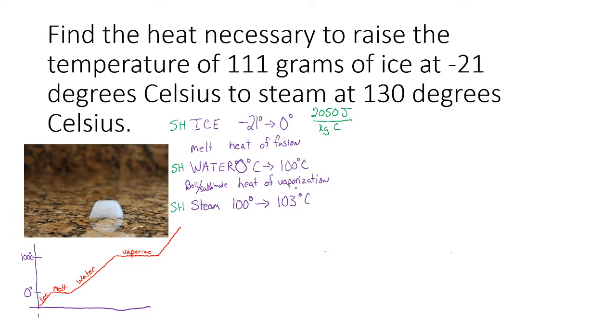The specific heat of water on that same chart, you'll find this number to be very, very familiar: 4,186 joules per kilogram Celsius. And finally, for steam, it will be 2,009 joules per kilogram Celsius.